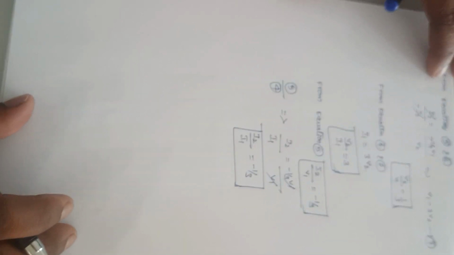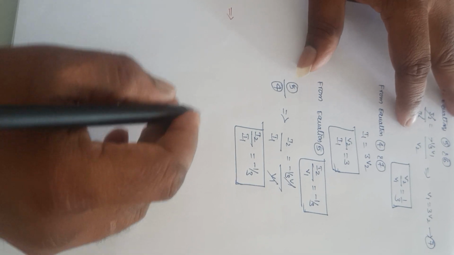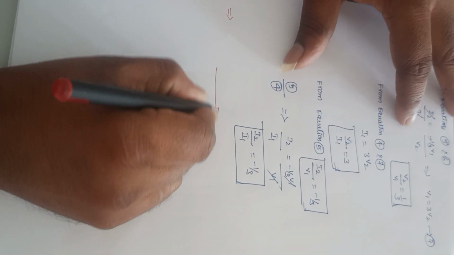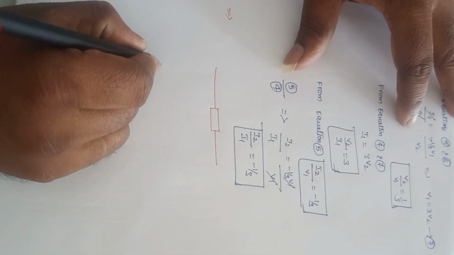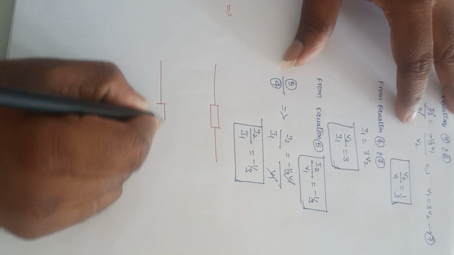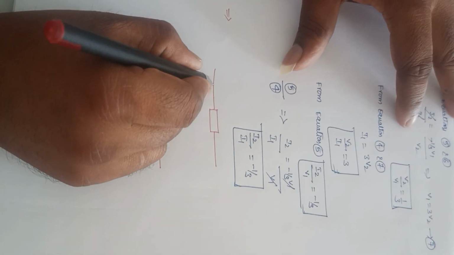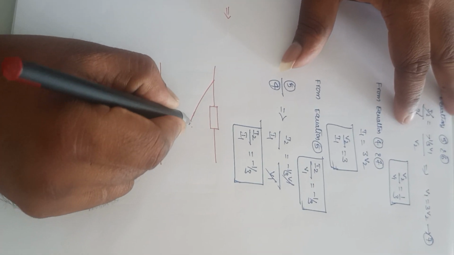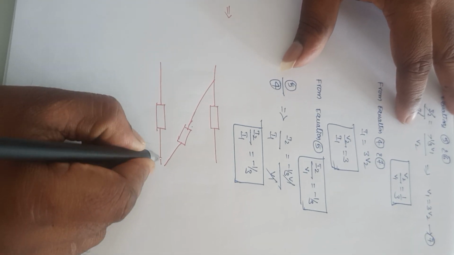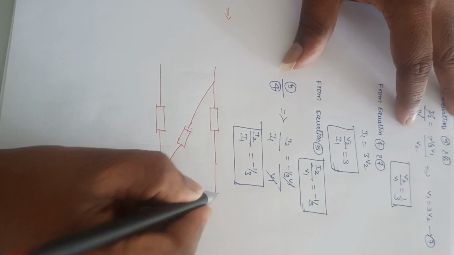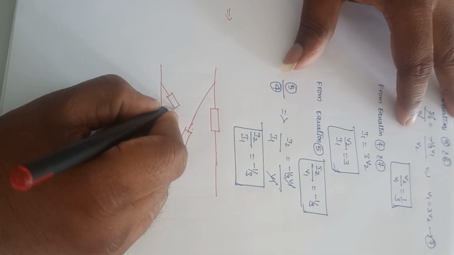Okay, let us solve another problem here. The problem here is: this is an impedance, and here also another impedance, and this is another impedance here, and there is another impedance placed like this.